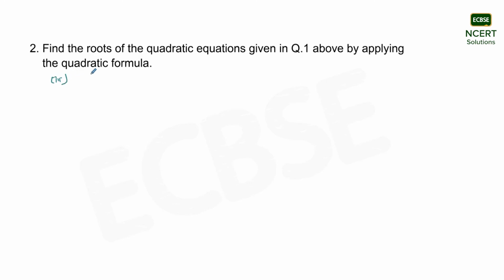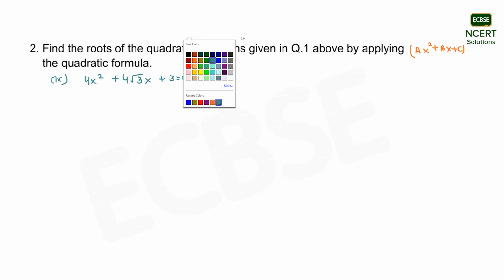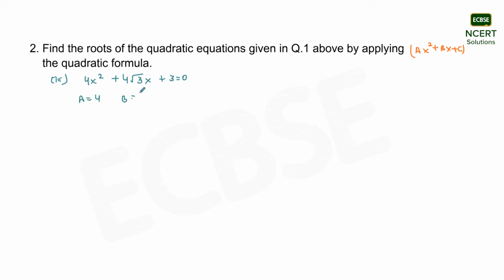So here the third quadratic equation is 4x square plus 4 root 3x plus 3 is equals to 0. Again comparing this quadratic equation with the standard quadratic equation, that is ax square plus bx plus c. So from here a is equals to 4, b is equals to 4 root 3 and c is equals to 3.